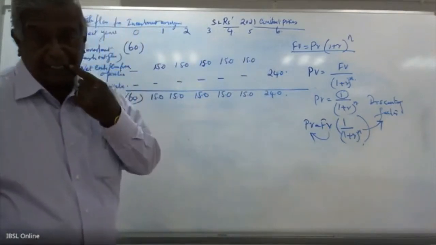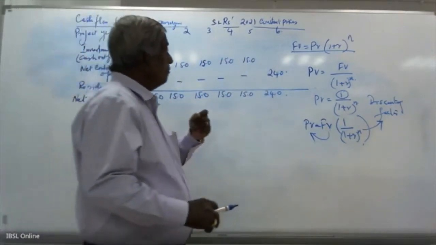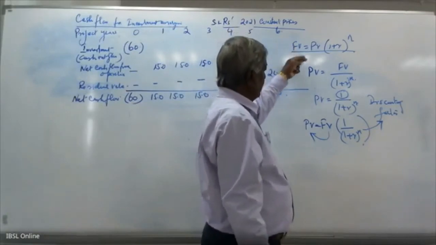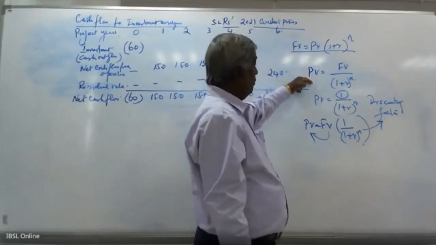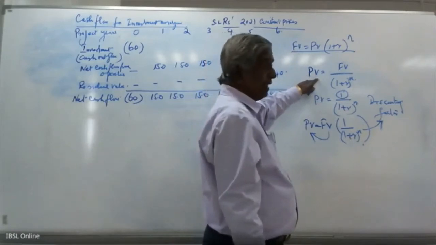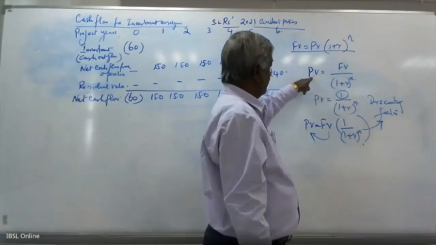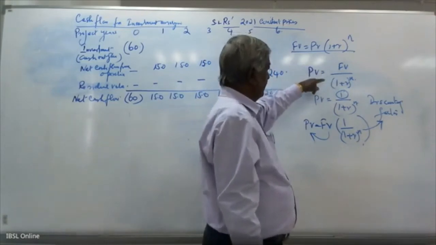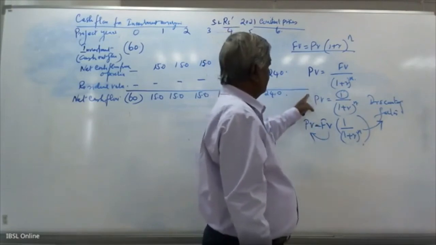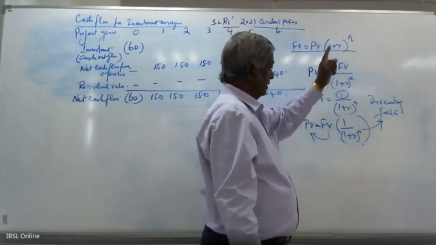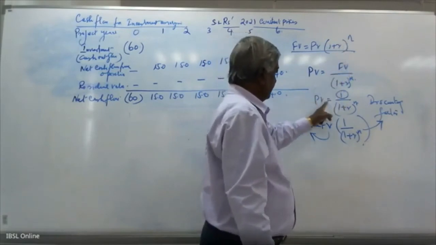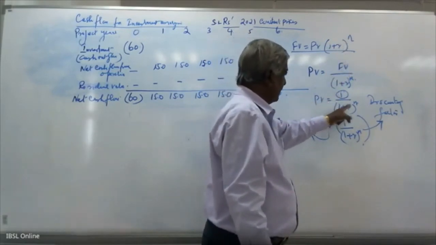So once again, I repeat: this is the compounding formula, and from there we are deriving the discounting formula, where we convert future value to present value. PV is equal to FV divided by (1 plus R) to the power n. If FV is 1 rupee, then PV is equal to 1 divided by (1 plus R) to the power n.